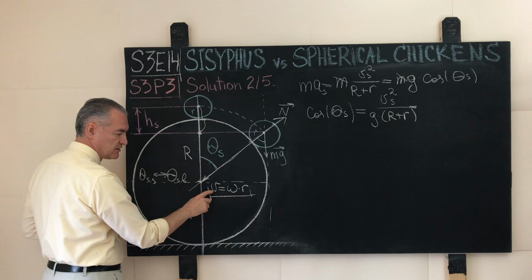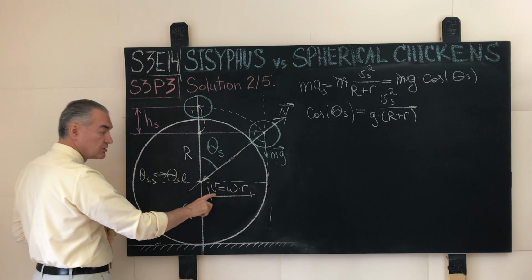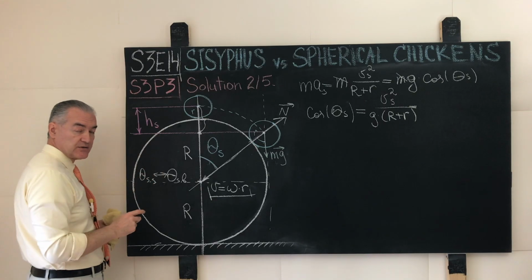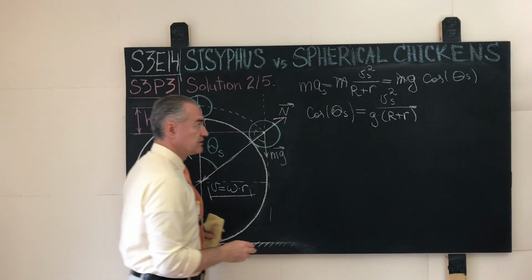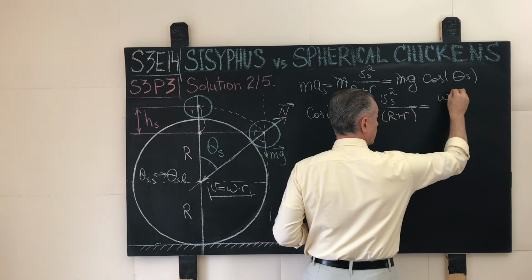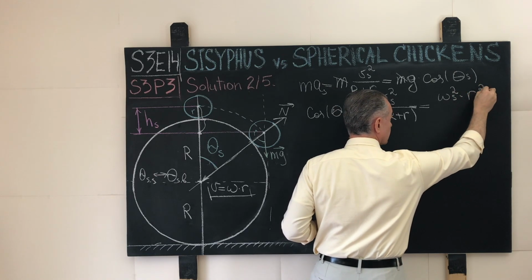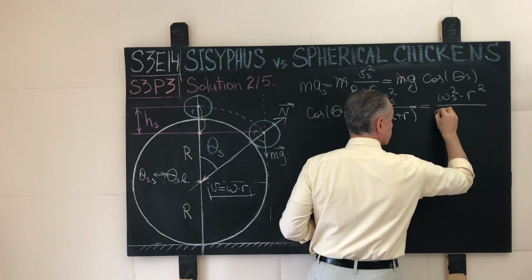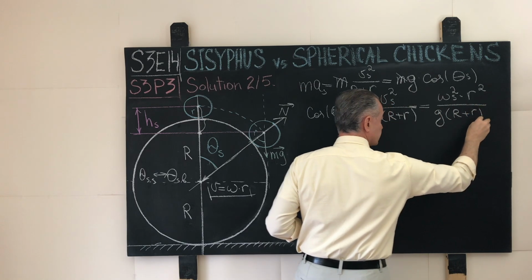The linear velocity v is equal to omega times r at all times, including the time when the object separates from the sphere. And that means that for the cosine of this angle of separation, we have omega squared s times r squared divided by g, the acceleration due to gravity, times (R plus r).